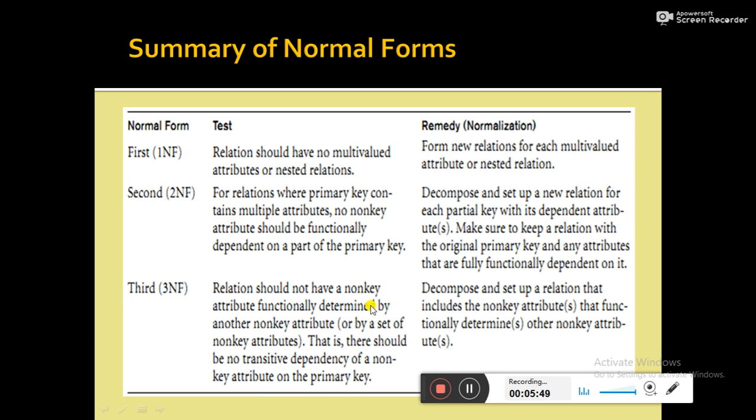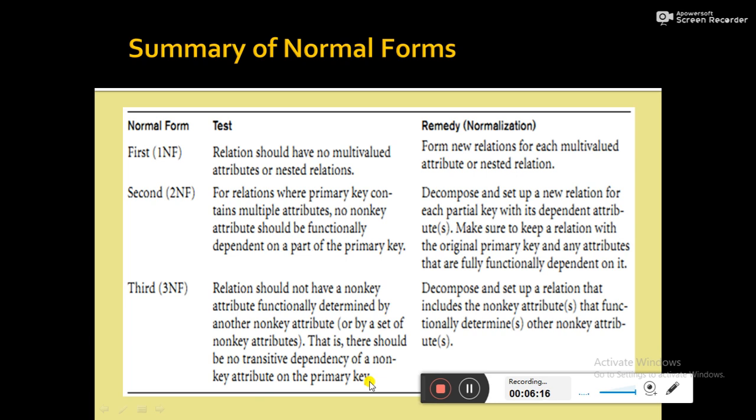In another way, we can also say that there should be no transitive dependency of a non-prime attribute on the primary key. This is the second case, or the alternate way. There is another aspect of 3NF, another way we can check whether it is in 3NF or not.